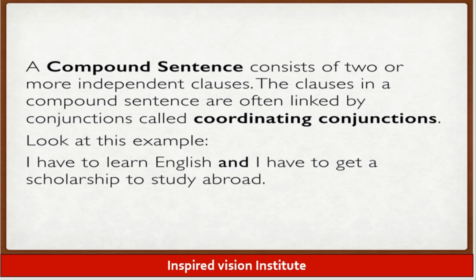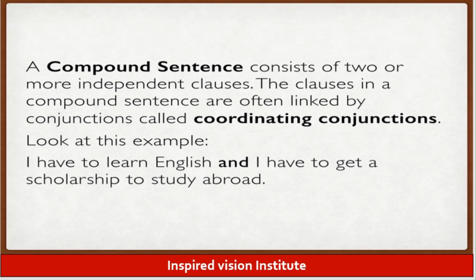Next, we have a compound sentence. A compound sentence consists of two or more independent clauses. The clauses in a compound sentence are often linked by conjunctions called coordinating conjunctions. Look at this example: I have to learn English and I have to get a scholarship to study abroad. So here we have a sentence combined from two clauses. The first one, I have to learn English, is an independent clause.